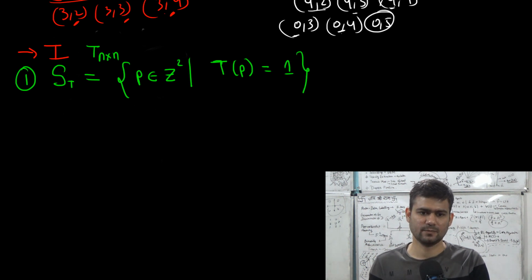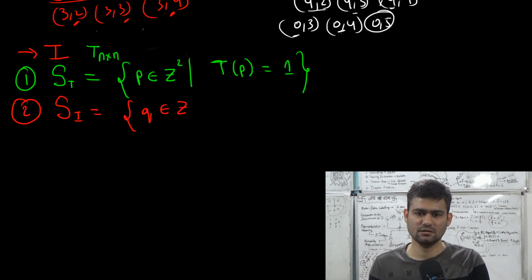Second, define set SI, which is a set of all coordinates Q in Z square such that I of Q is equal to 1.